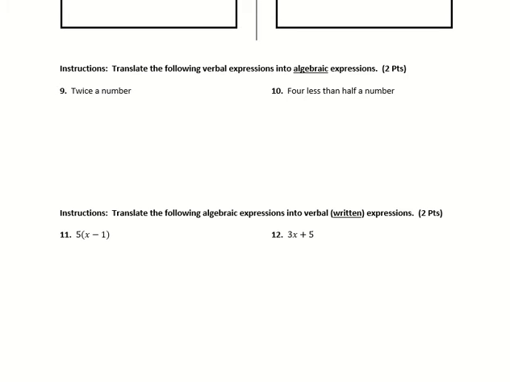Translate the following algebraic expressions into verbal, written expressions. Number 11. 5 times the quantity x minus 1. Number 12. 3x plus 5.